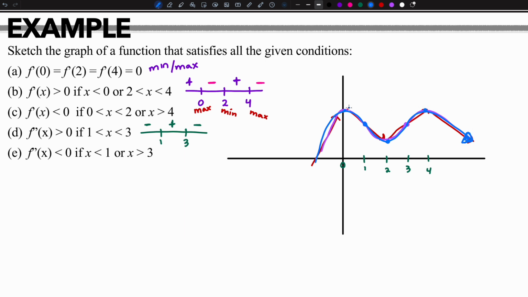We don't know if these maxes are at the same height. It could have gone up higher and then gone back down. We don't know that necessarily. We just know that these are relative maxes. And that would be some type of sketch. Your sketch will look different because it can happen anywhere on a graph. We just know that these things should apply.